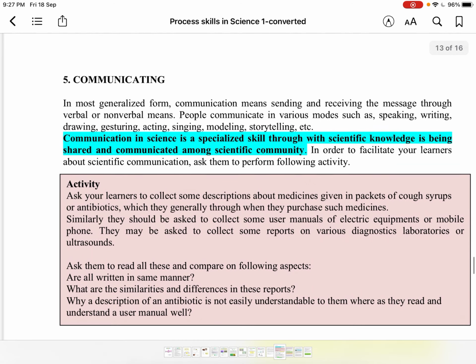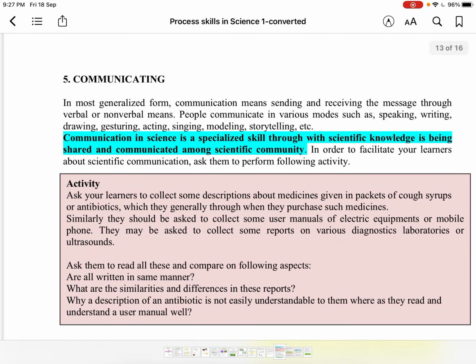And further, let us move. Another skill, the fifth one, is communicating. This communicating skill is sending the information which we have gained during our scientific study, like by doing observations, measurement, or classifying. So we want to send and receive that message by verbal and non-verbal means.